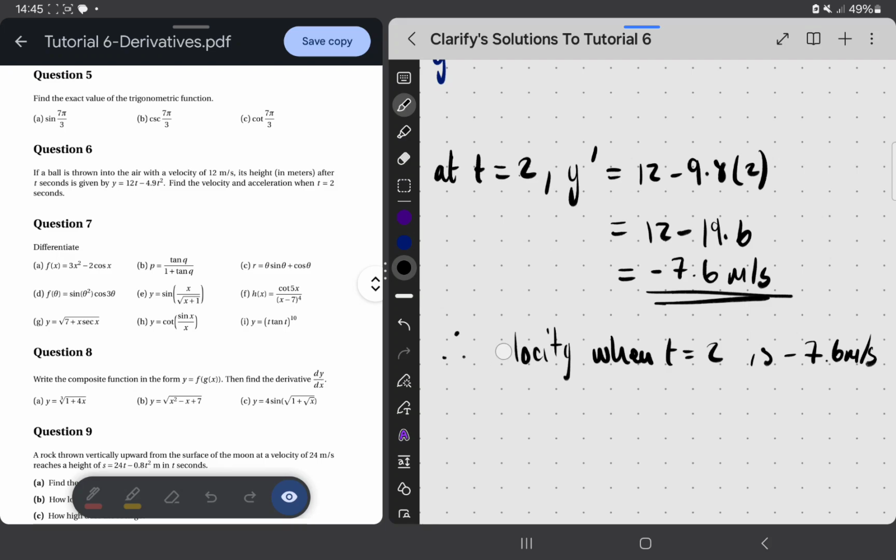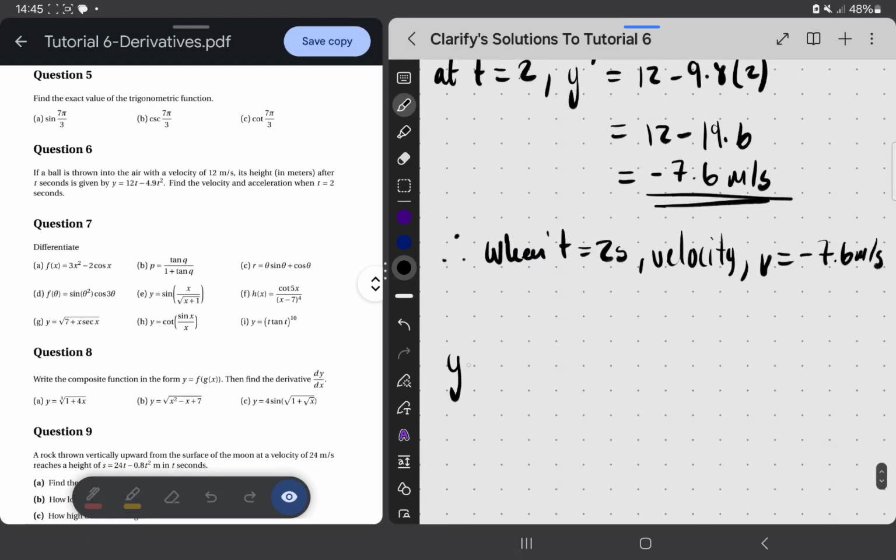Or you can say therefore when t equal to 2 seconds, velocity v is equal to negative 7.6 meters per second.